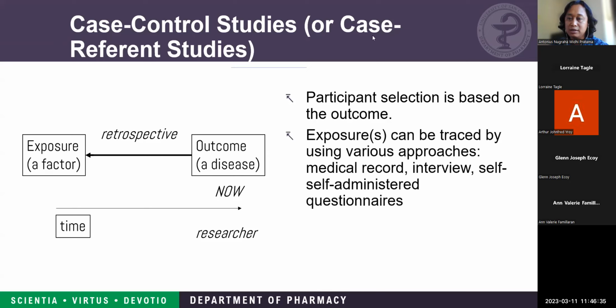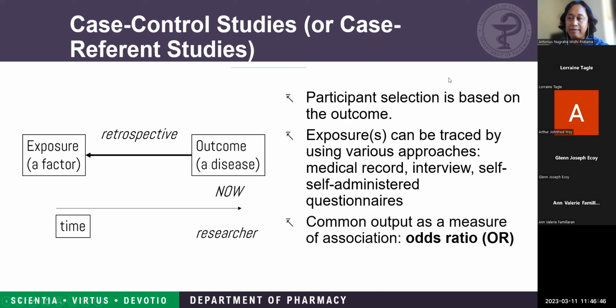Exposure can be traced using various approaches: medical records, interviews, or self-administered questionnaires. And the common output from this study is the odds ratio, as the measure of association.